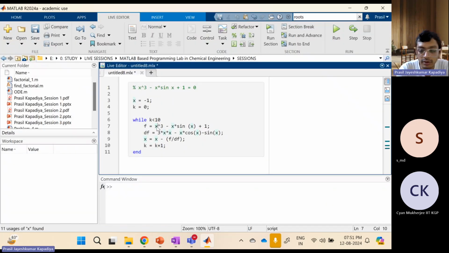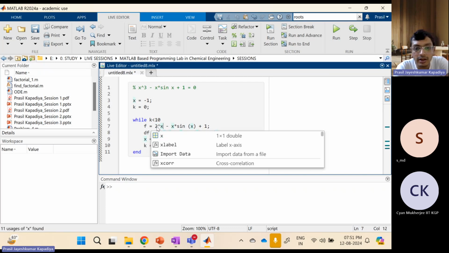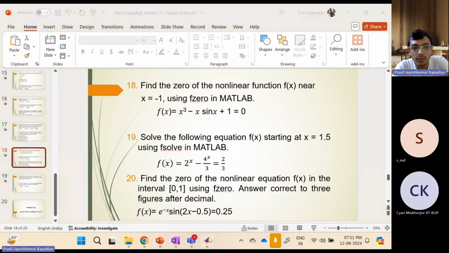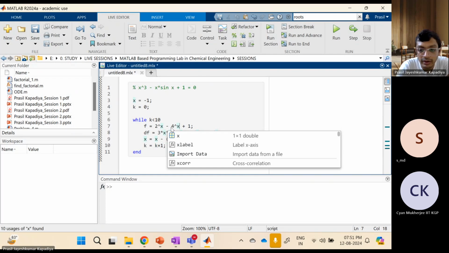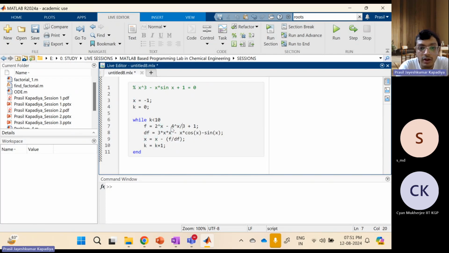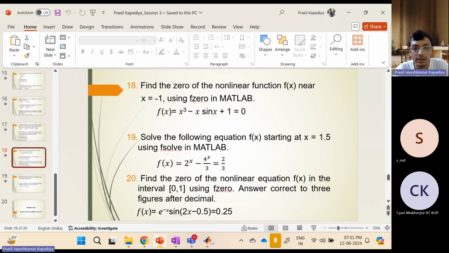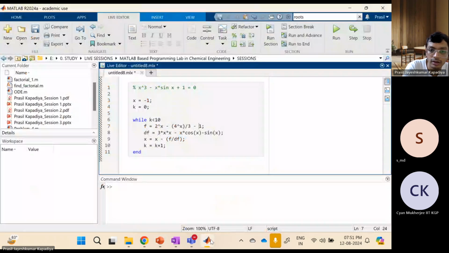So my question is 2 raised to x minus 4 raised to x divided by 3, or let me write it down like this, 4 raised to x divided by 3, minus 2 divided by 3.